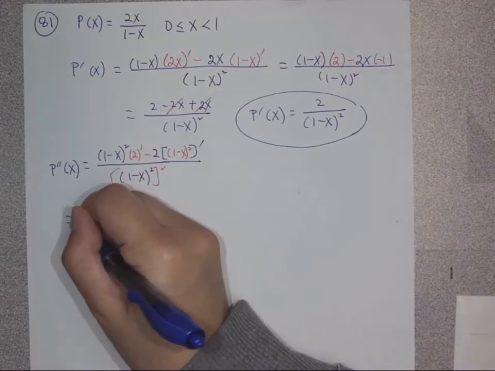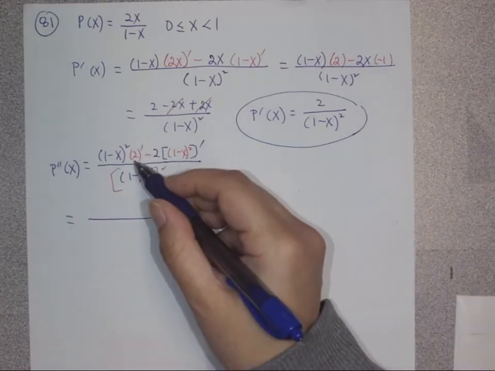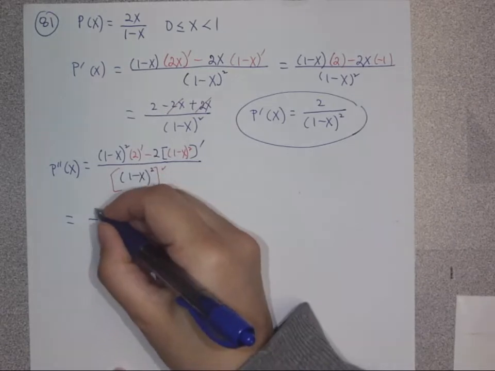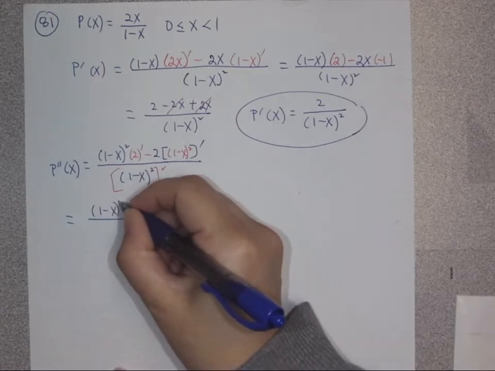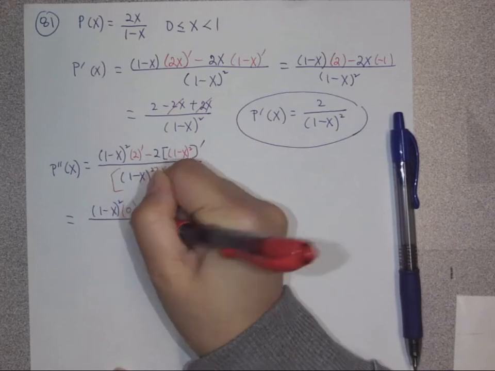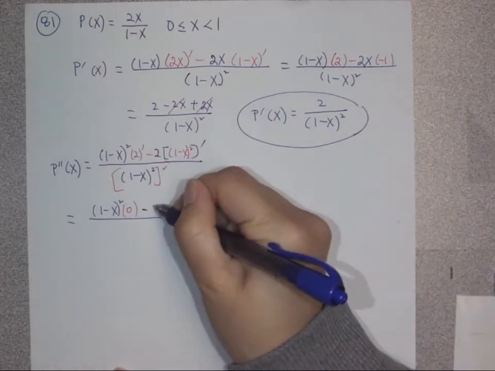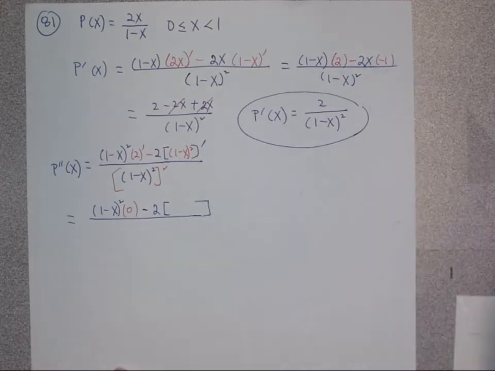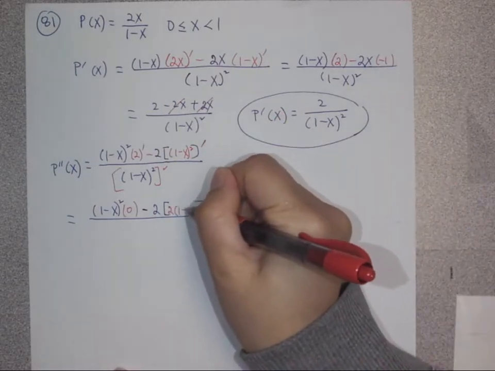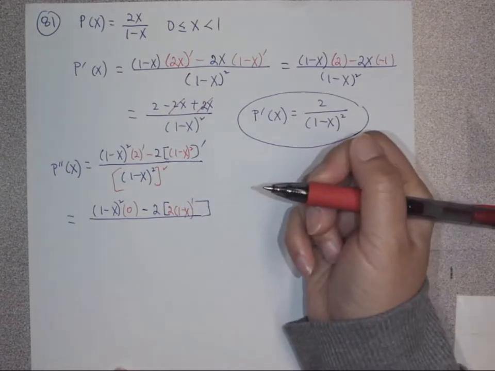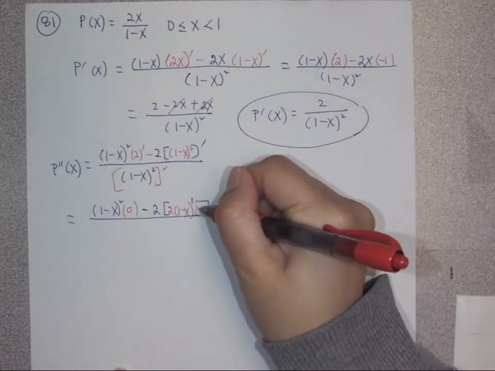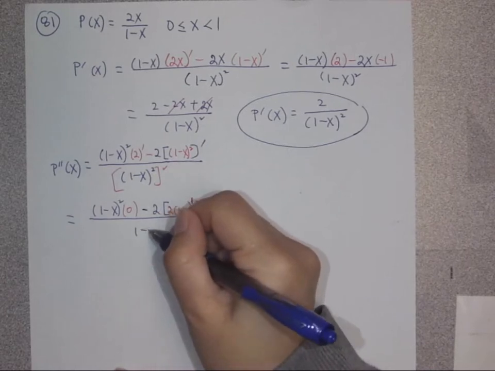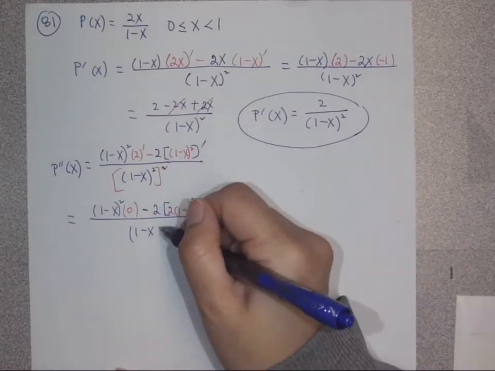Okay, this is good because when you take the derivative of a number, it turns into 0, so multiplied by 0 everything goes away. Then times 2, I need to bring down the 2, 1 minus x to the first power, and take the derivative of 1 minus x, chain rule. 1 minus x squared, squared, is going to be the 4th power.